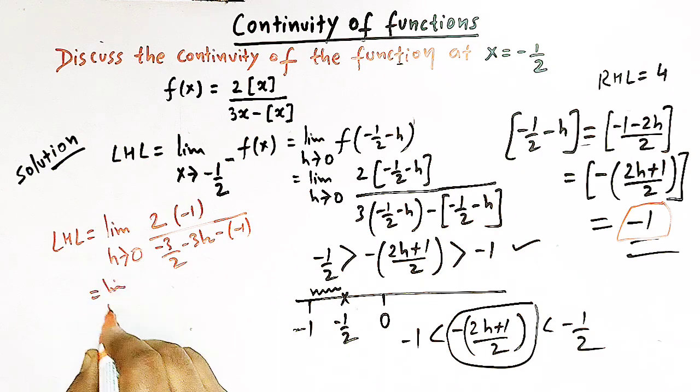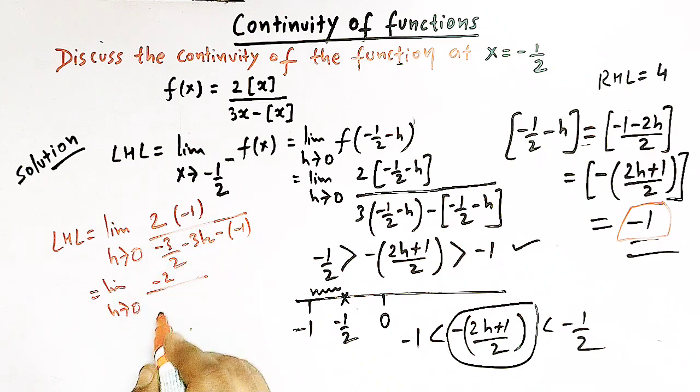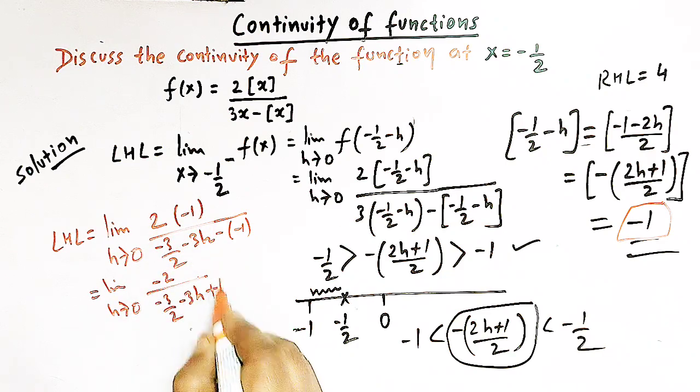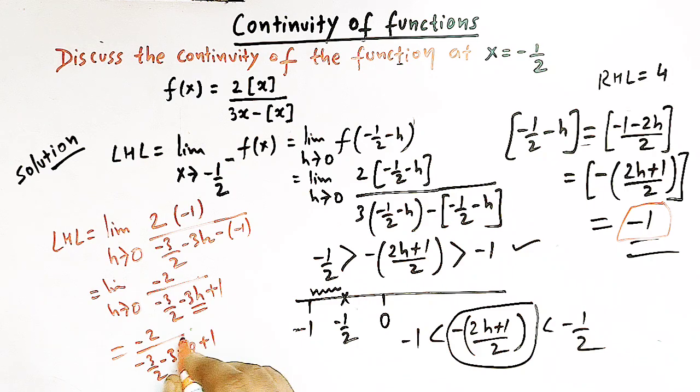So this is limit h tends to 0 of minus 2 over minus 3 by 2 minus 3h plus 1. So taking limit h tends to 0, this term is 0. We have minus 2 over minus 3 by 2, and here we have minus 3 times 0 plus 1.